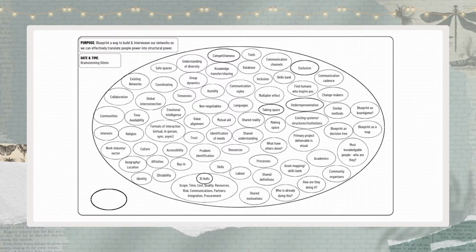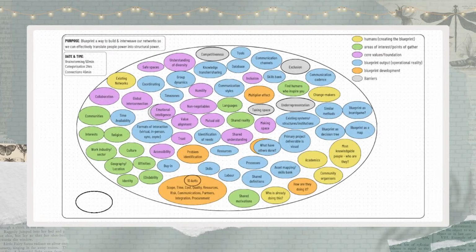After we thought we had captured all the elements that came to mind, we completed a categorization process, and so far we have identified 6 categories: humans in yellow, areas of interest in green, core values foundation in purple, blueprint development, which is this project's development, in orange, the blueprint output, which will be the project's results, in blue, and barriers to the system in gray.